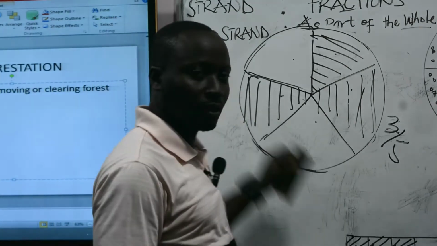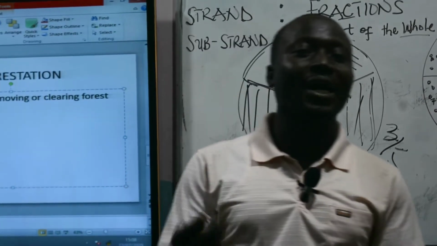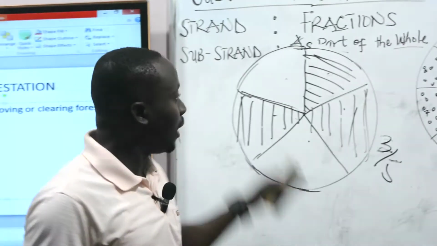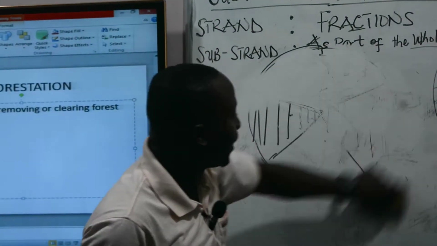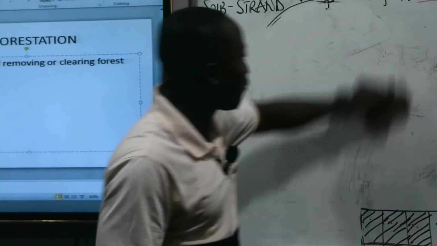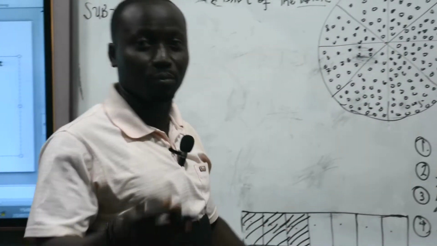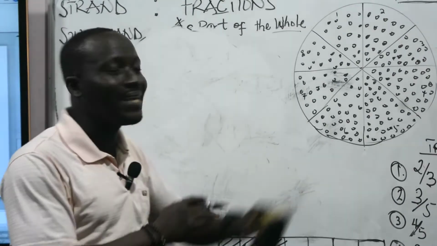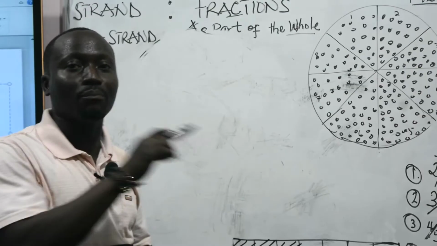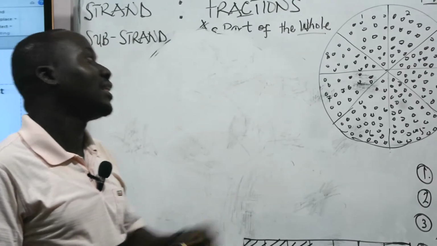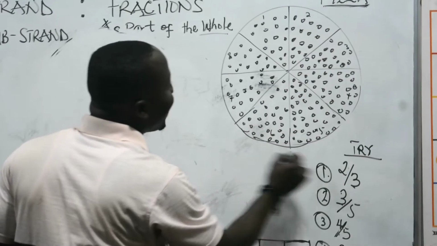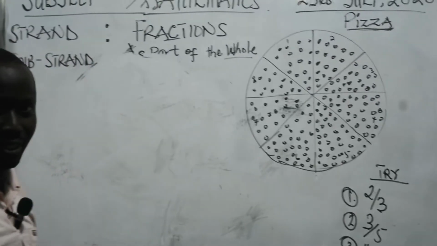Very well. On daily basis, you are given things to divide. For example, if daddy buys a pizza for you to share with your siblings at home, you are expected to divide them equally before you take portions. The pizza you see on the board is divided into 8 equal portions.